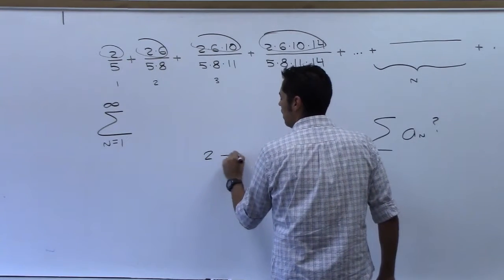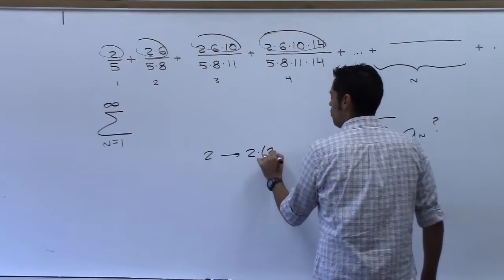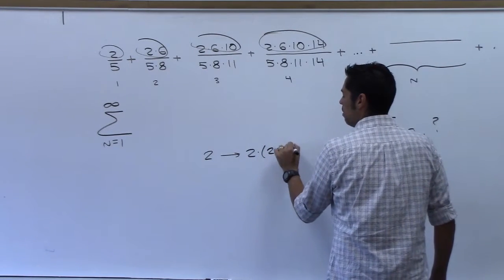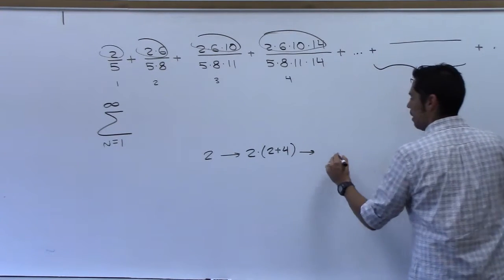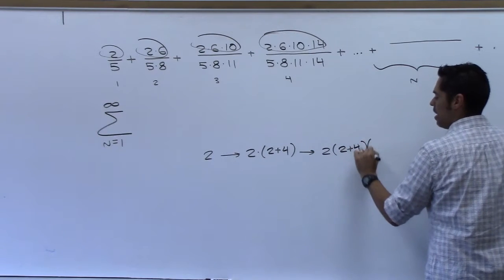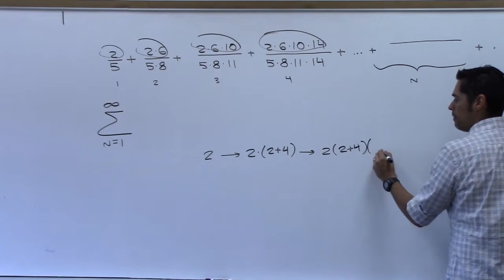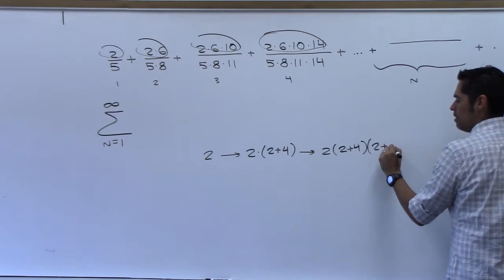The next one is 2 times what? 2 plus 4? What's the next one? Plus 4. Hold on. 2 times 2 plus 4, that's your 6, and then what? Plus 4 again. Could I write that as 2 plus 4 plus 4, or 2 times 4?